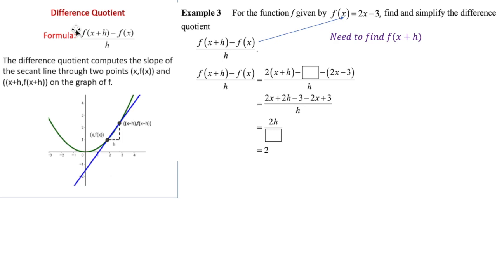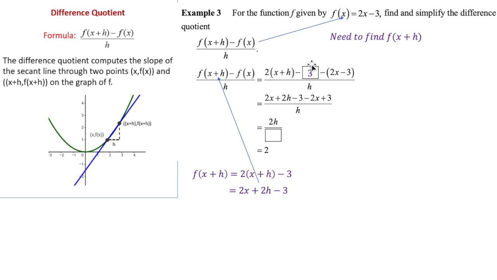So wherever I see x in my function above, I'm going to replace it with x plus h. So f of x plus h is equal to 2 times x plus h minus 3. We'll then need to distribute, giving us 2x plus 2h minus 3.